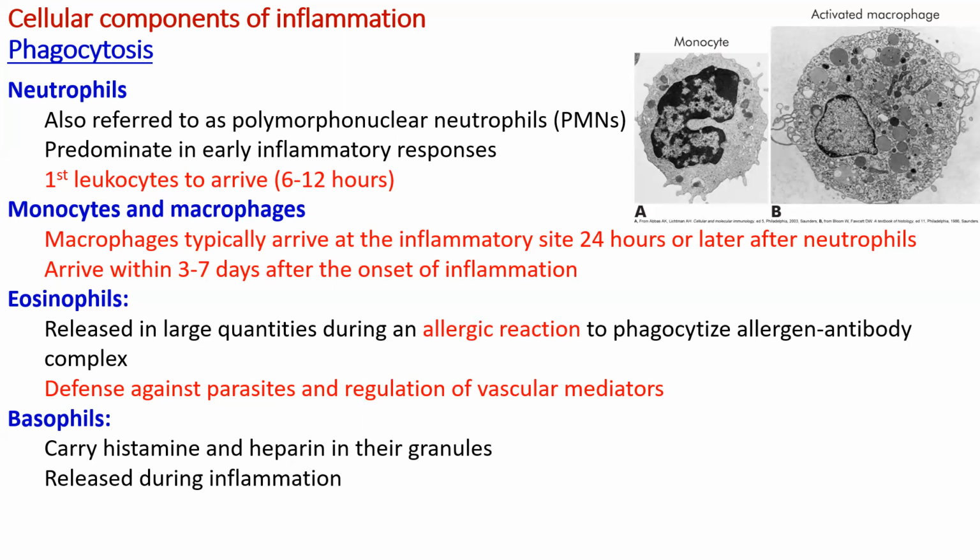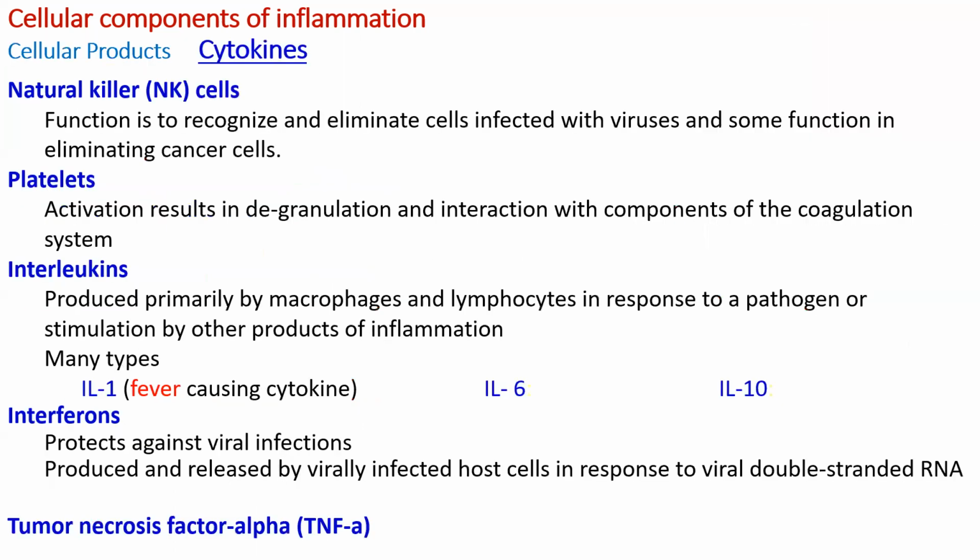The eosinophils release chemicals that act to control the effects of histamine and serotonin. And basophils carry histamine and heparin in their granules, and they are released during the inflammatory response.